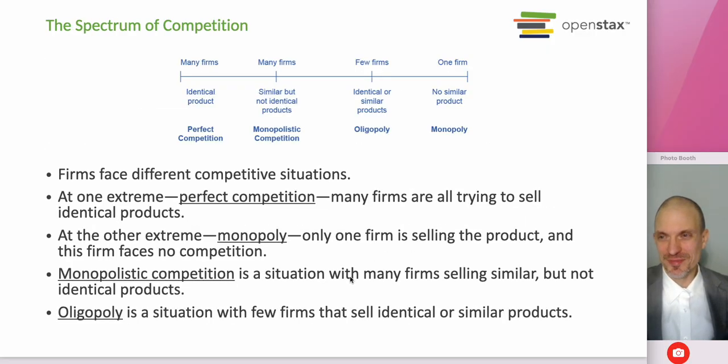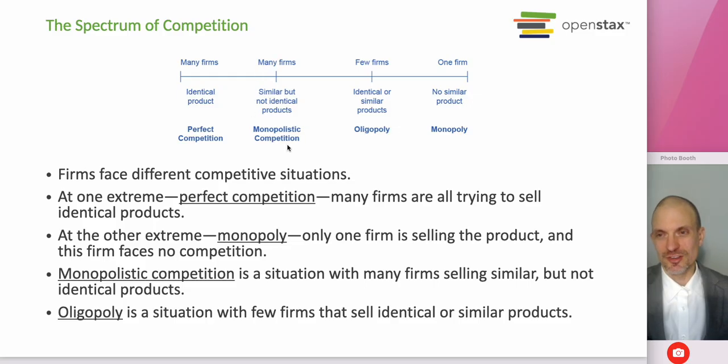And that does happen. All right, so here's a spectrum of competition across different market structures. If we have a lot of firms selling an identical product, we're thinking about perfect competition. If we have a single firm selling a product with no similar alternative because they're the only seller, you have a monopoly. Everything in between is on a kind of scale. If you have many firms selling slightly different products, then you have monopolistic competition.